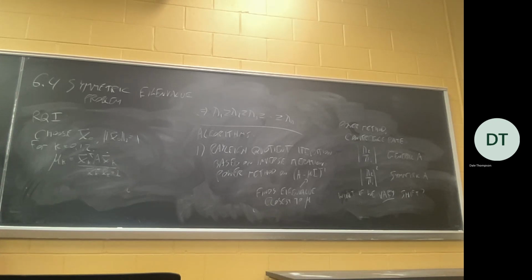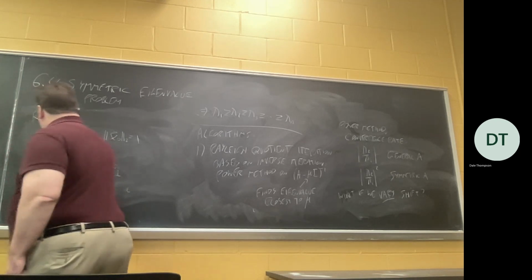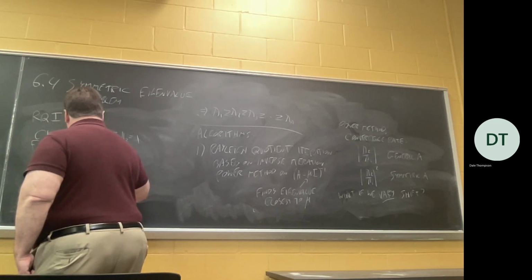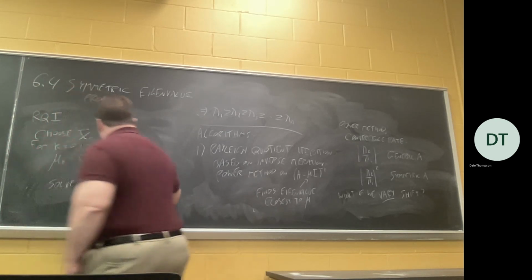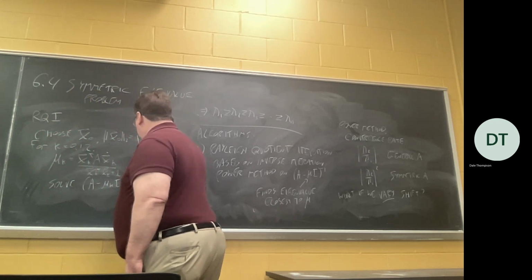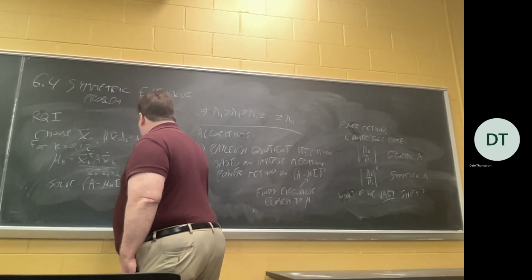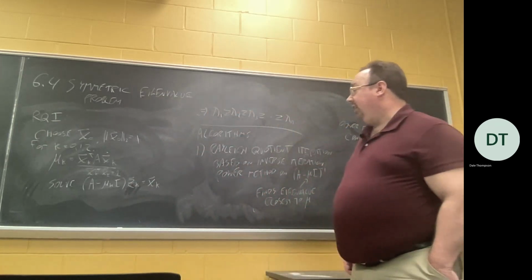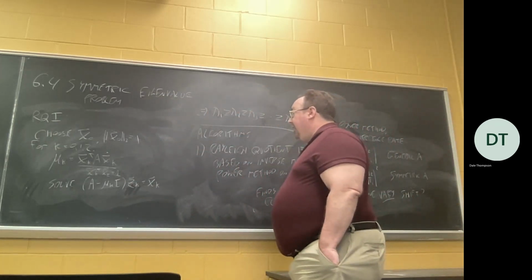Then to get my next guess at an eigenvector, we solve A minus mu k times the identity times zk equal to xk. So xk is the right-hand side, zk is our solution.